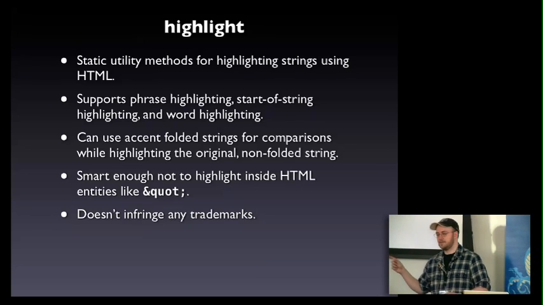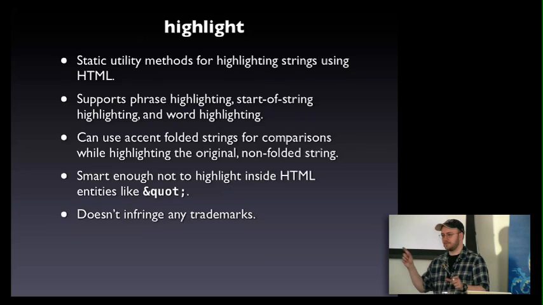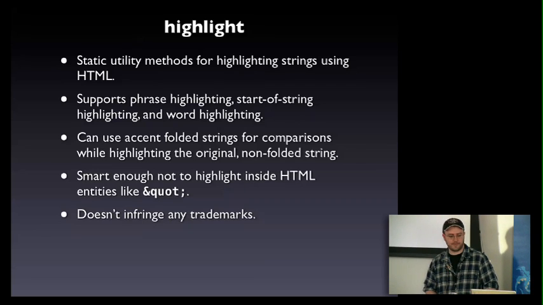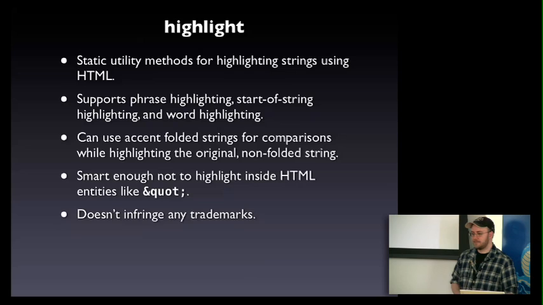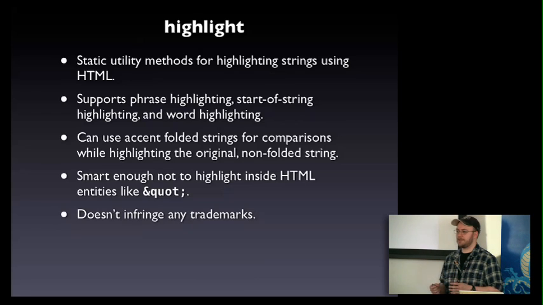So if I want to highlight the non-accented form of a substring or the accented form of a non-accented substring, I can tell the highlighter to do that comparison on the folded versions and still return the original highlighted accented version. And it's smart enough, if you've got entities inside your escaped HTML, not to highlight within those entities and break the output.